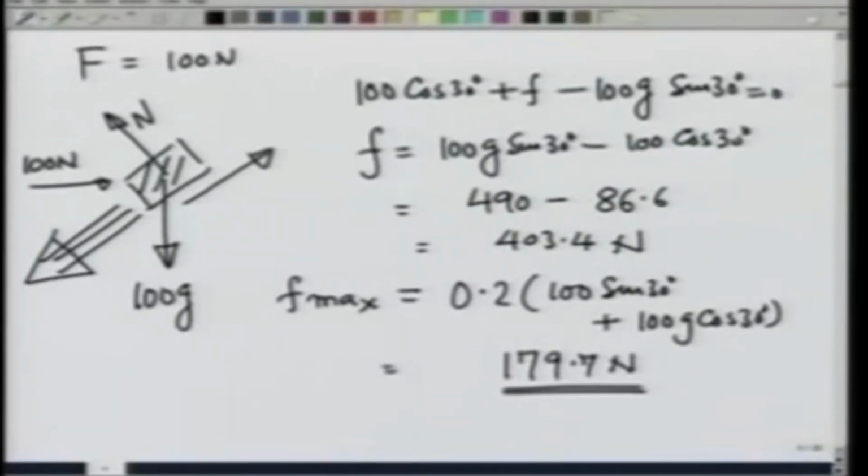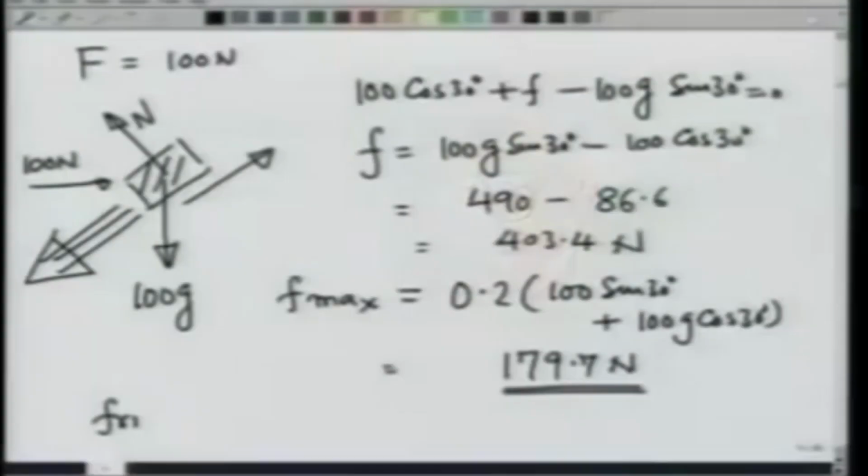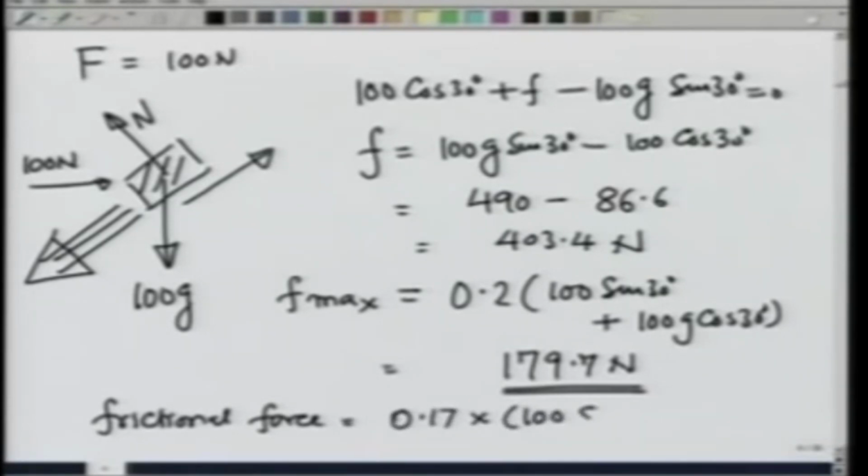If the block starts sliding down, that means the frictional force will no more be static, and frictional force in that case would be the kinetic friction, which will be 0.17 times 100 sine 30 degrees plus 100 g cosine of 30 degrees. You calculate this number and this comes out to be the frictional force. Let me write it again, because now the block is sliding down.